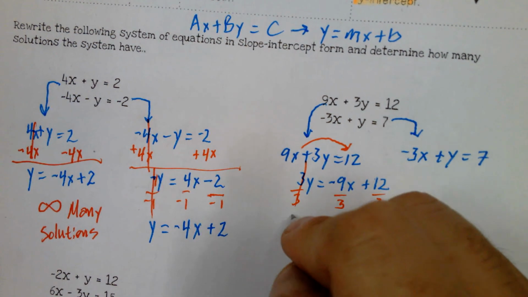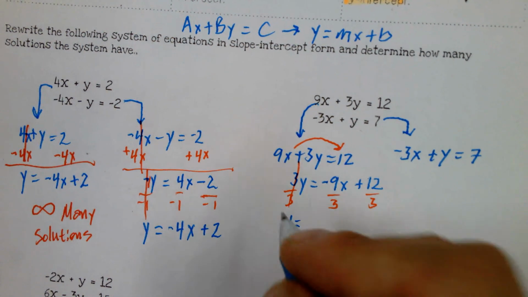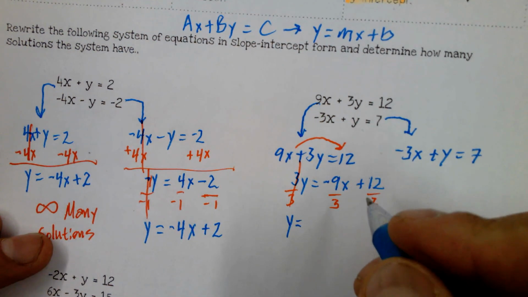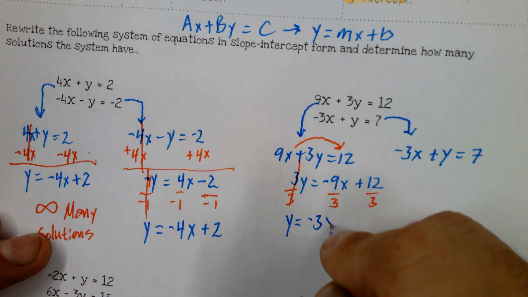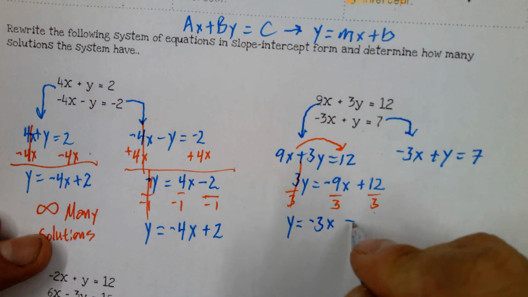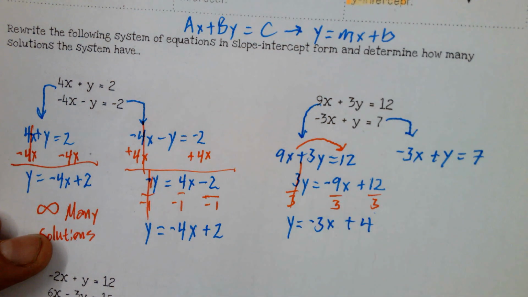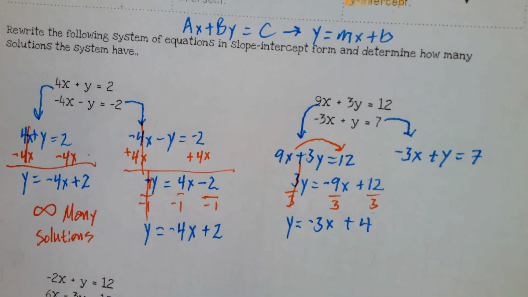All right. Y equals negative 9/3. Well, I could simplify that. 3 goes into 9 3 times, so it's negative 3x. 3 goes into 12. That's 4. And now it's in slope-intercept form.